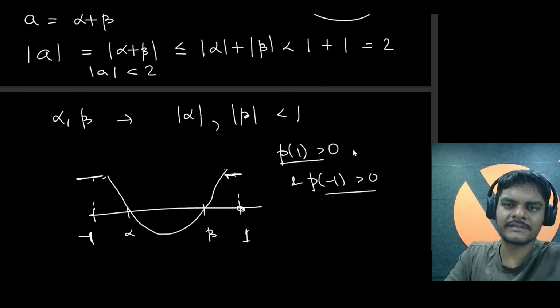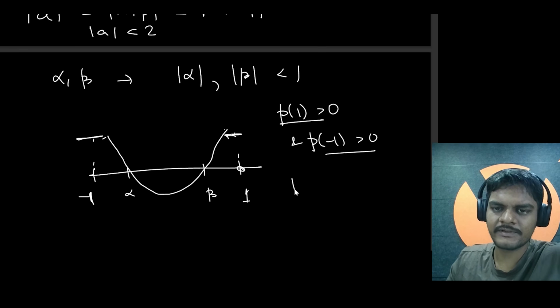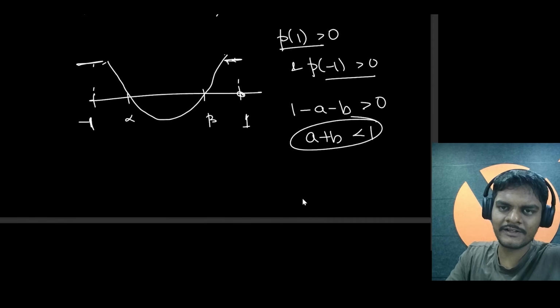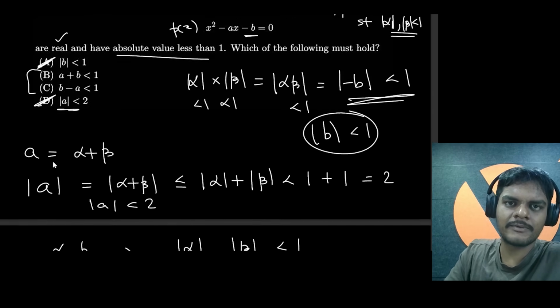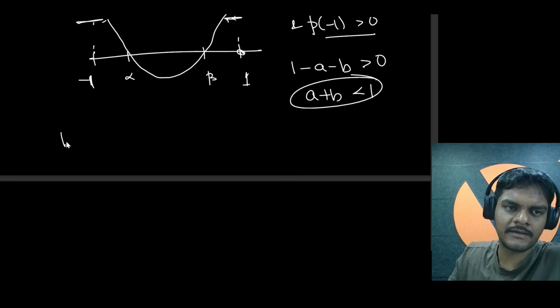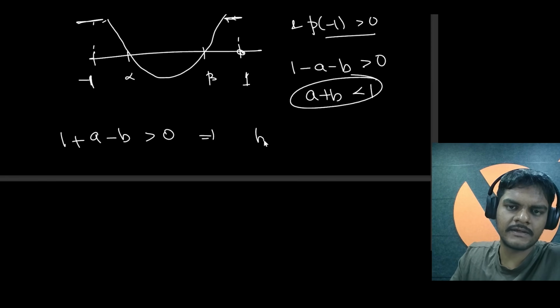P of 1 is positive, that means 1 minus a minus b is greater than 0. That means a plus b is less than 1. And P of -1 gives me 1 plus a minus b, which is positive, which implies b minus a is less than 1.